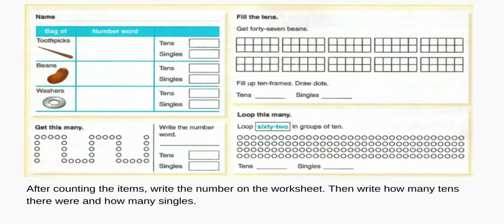So they'll have their bags filled with their small items inside. And the first worksheet is to help them categorize. So if you were to give them, say, the beans, they would have the bag of beans. They would take them out and count them. At the beginning, you might have them count them by ones. So 1, 2, 3, 4.